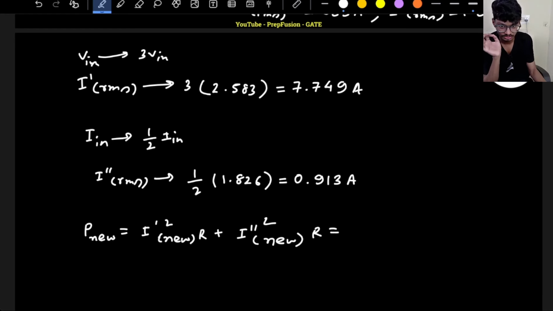So comes out around 121.76 watts. Okay, so you could have solved this in a shorter manner as well.